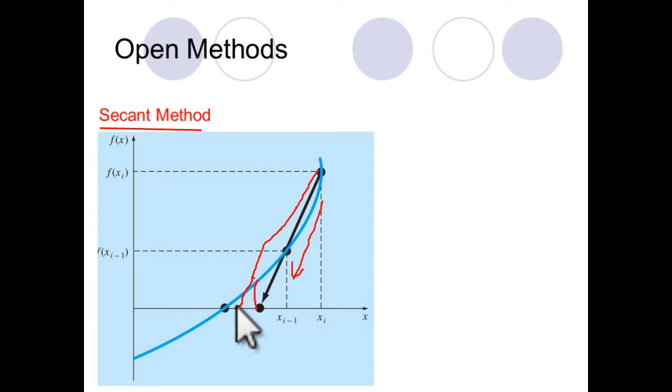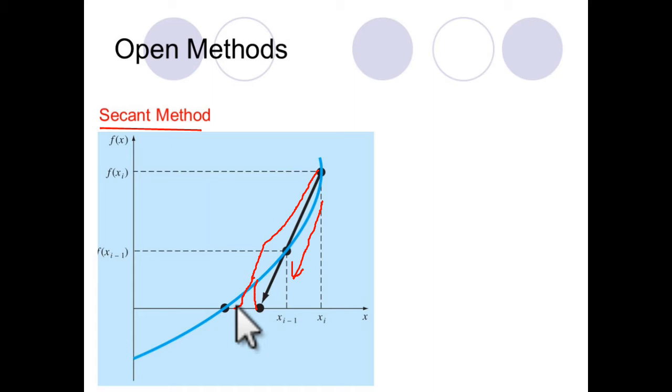Now let's look at the convergence of different root finding methods. As you see here, this is the convergence of the bisection method, and it needs approximately 20 iterations to reach the true percent relative error. Let's see the number of iterations for other techniques.